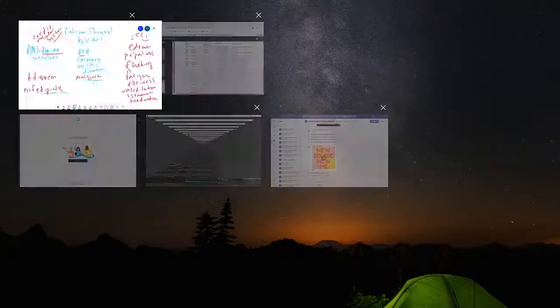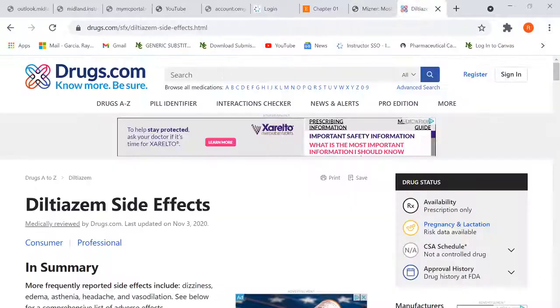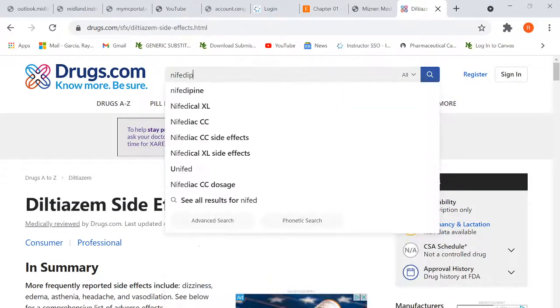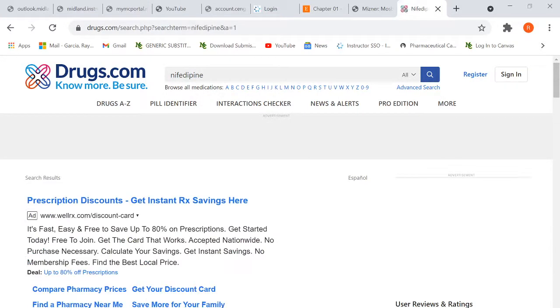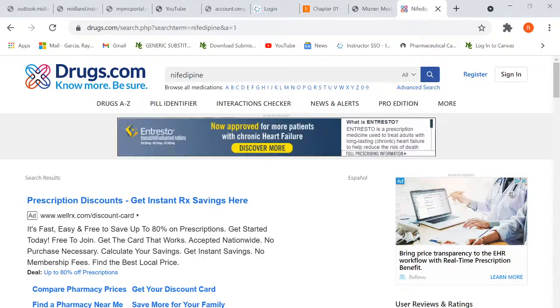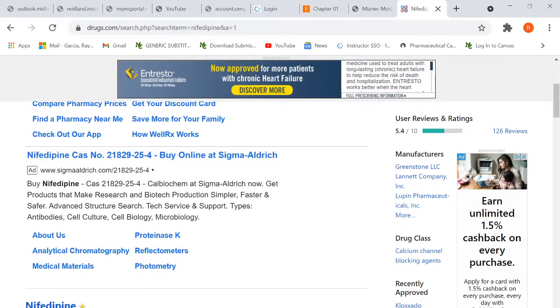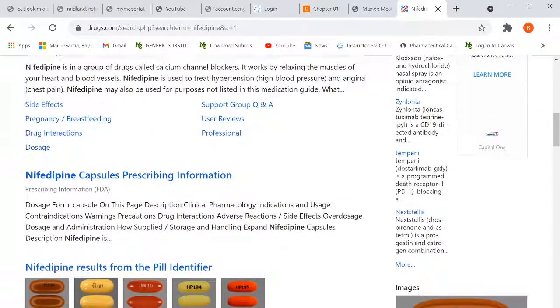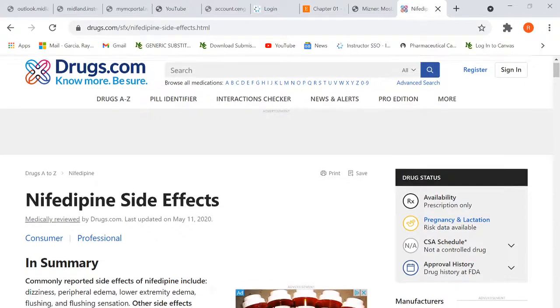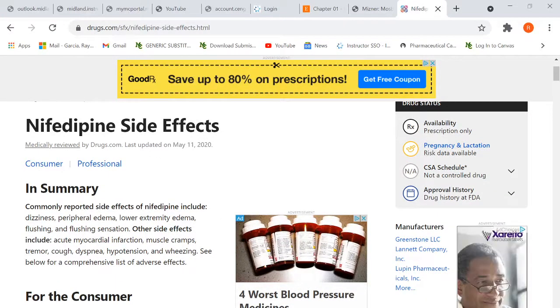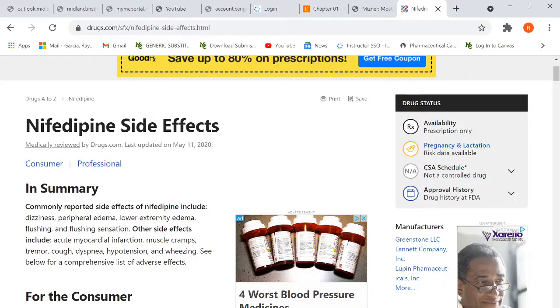And let's see what the side effects are. Dizziness, peripheral edema, lower extremity edema, flushing sensation.